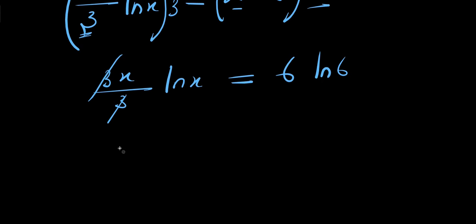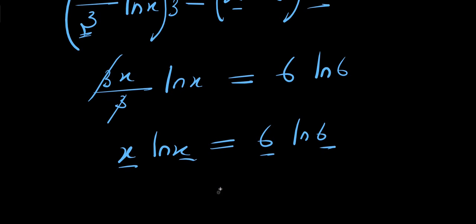This eliminates this. I have x times natural log of x equals 6 times natural log of 6. I can equate them. That means my x equals 6.